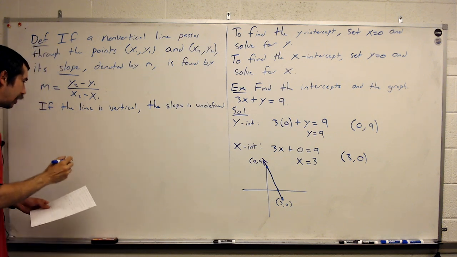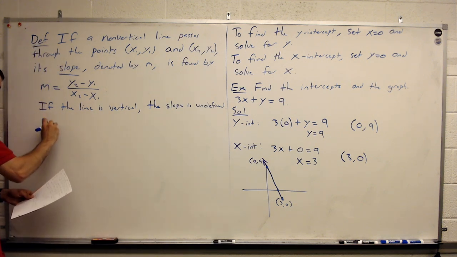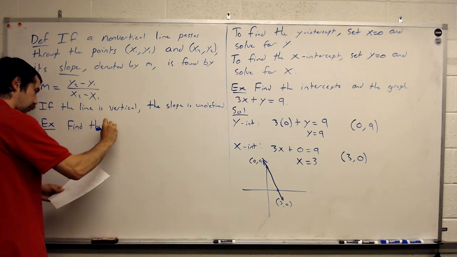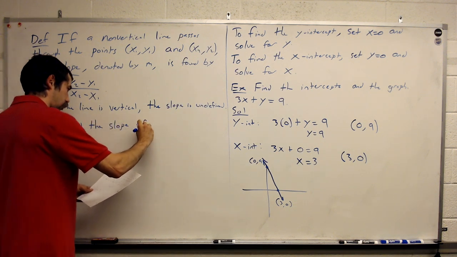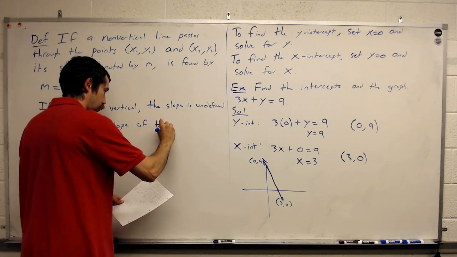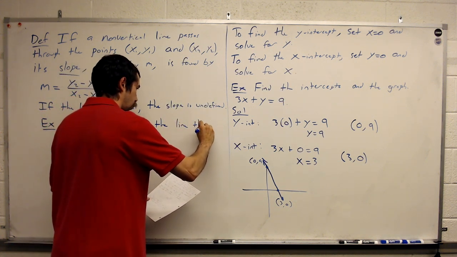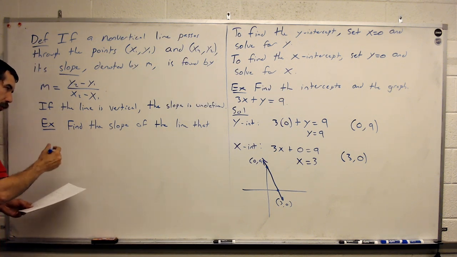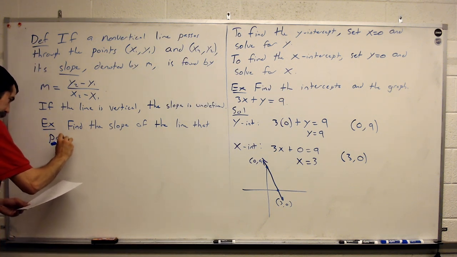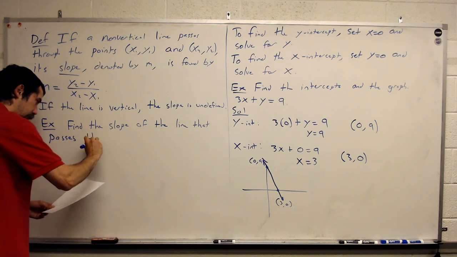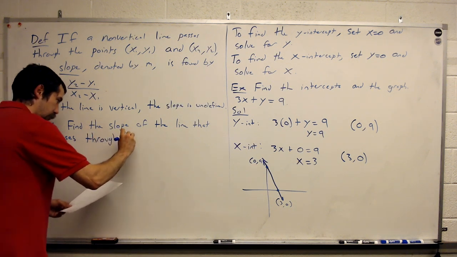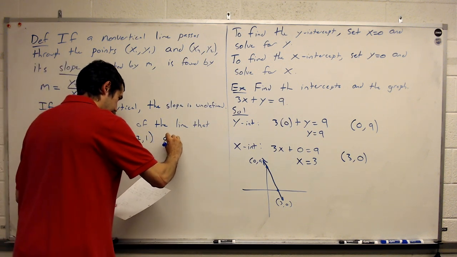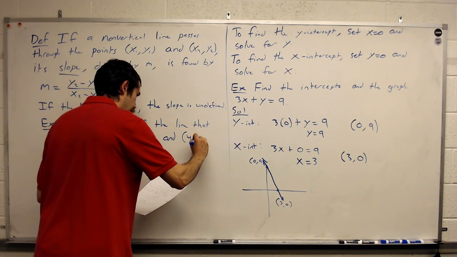All right, so let's take a look at an example. Find the slope of the line that passes through the points (-2, 1) and (4, 3).